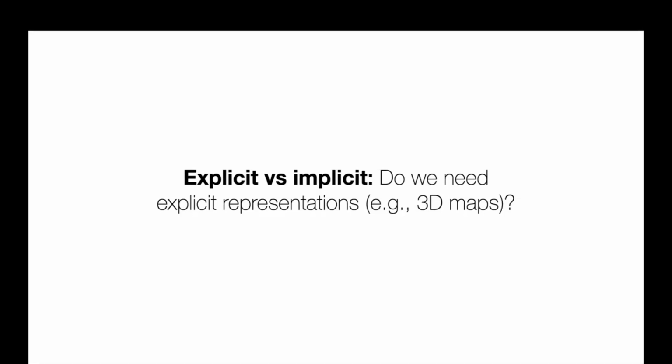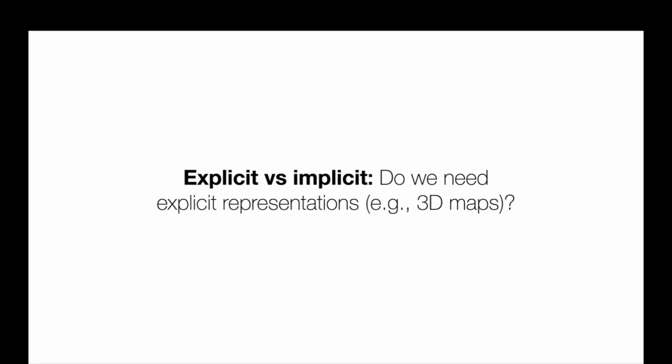Implicit would be the representation that reinforcement learning is forming. The question is, do we need explicit representations? Is that something that you envision needing for the future of robotics? Or do you think that eventually explicit representations will disappear just because implicit representations will be more efficient and more powerful? And I don't want to put Manolis on the spot this time. Let's see if any of you wants to get started. Otherwise, I'll put Manolis on the spot.